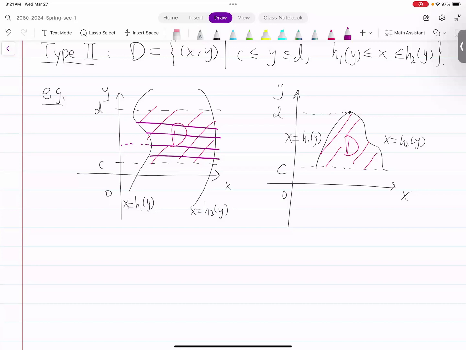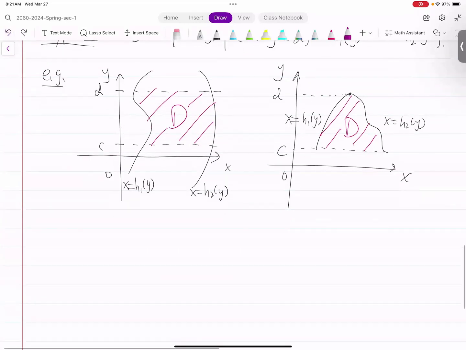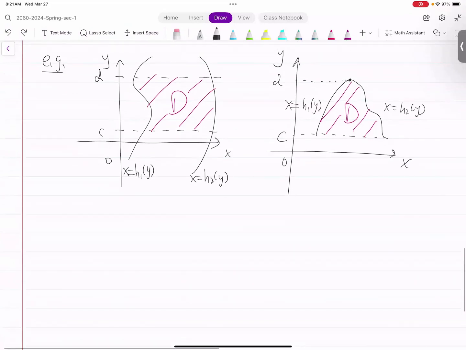And you can imagine this is sweeping from the bottom to the top of the region, right? All right. So this is a straightforward extension from type 1.